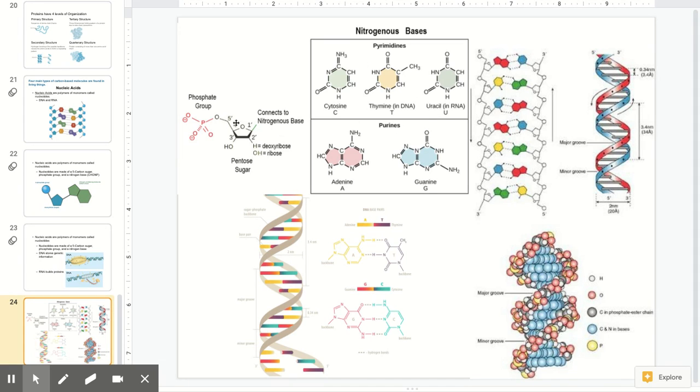Here is that 5 carbon sugar, and then over here is that phosphate group. I like that over here we got the connections. And this diagram is a space filling diagram. I thought it was pretty cool because it shows you the relative amount of hydrogen, oxygen, carbon, and nitrogen in the bases, and then phosphorus.